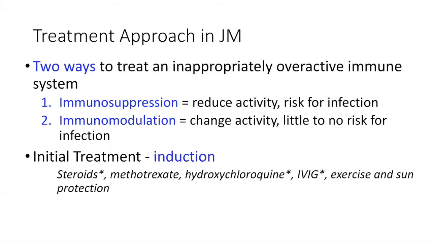It's very effective and very strong at decreasing the immune system, and generally very reliable in being effective in treating the symptoms of juvenile myositis, but it does have a lot of side effects. So that's why we try and use a lot of these other medications to help wean off of the steroids, or ideally be able to get off the steroids completely. But we don't know exactly what's best for each person, and that's why there are a lot of different medications that are being studied and tried.